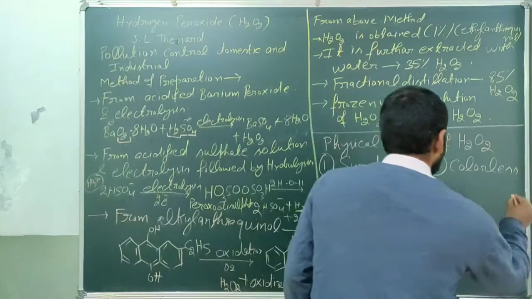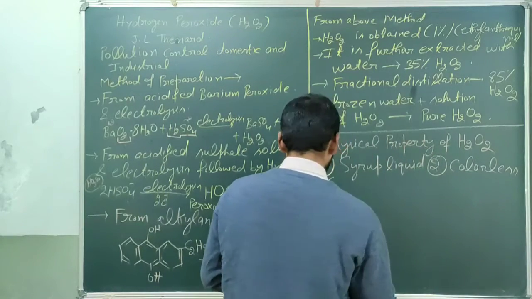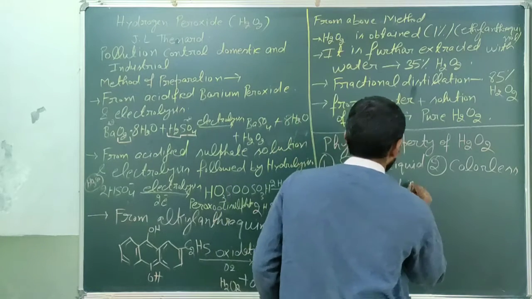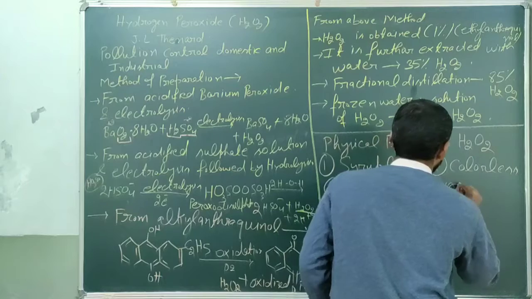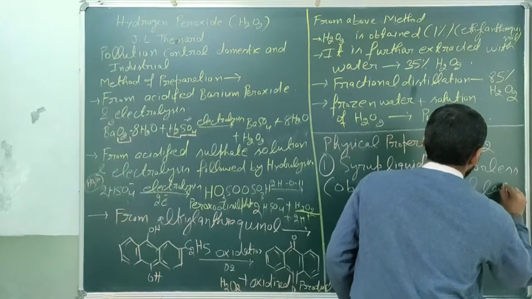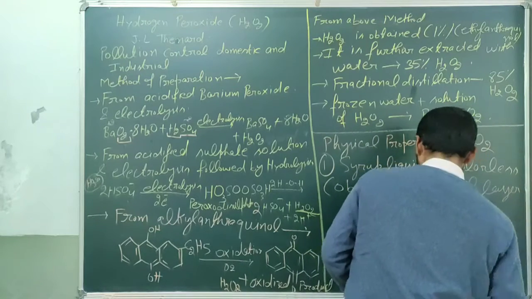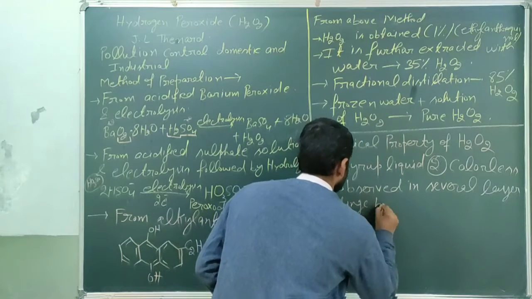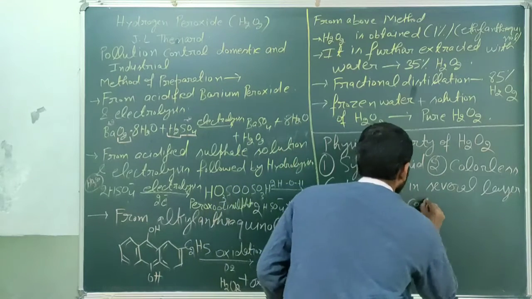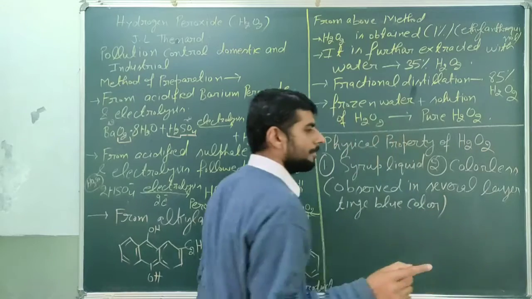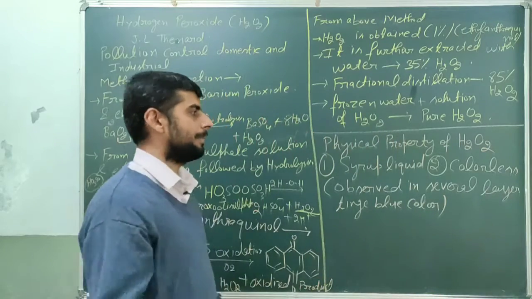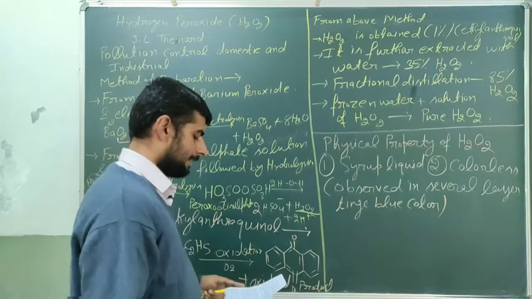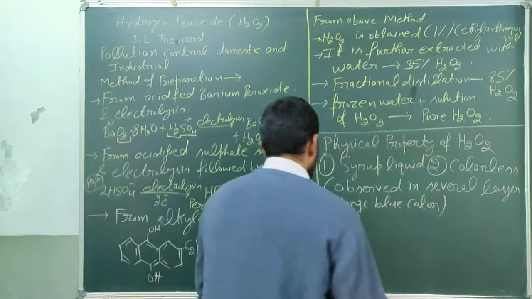So it is colorless and observed in several layers. You see that H2O2 is colorless, but because several layers are present, the color is tinge blue.